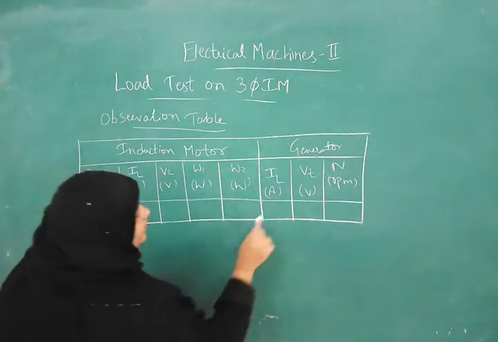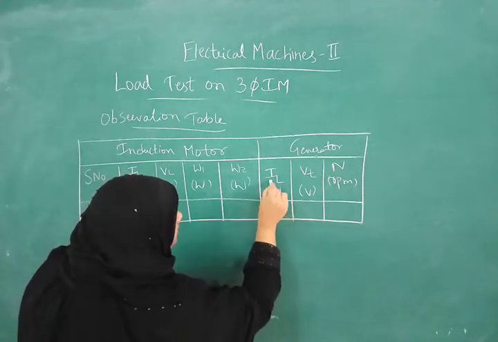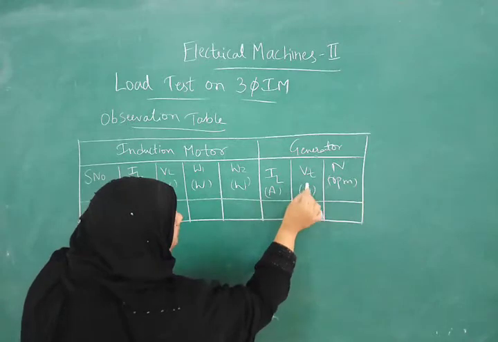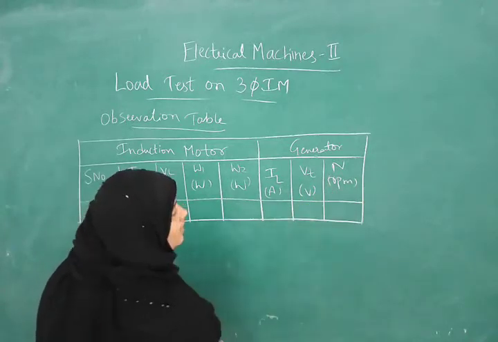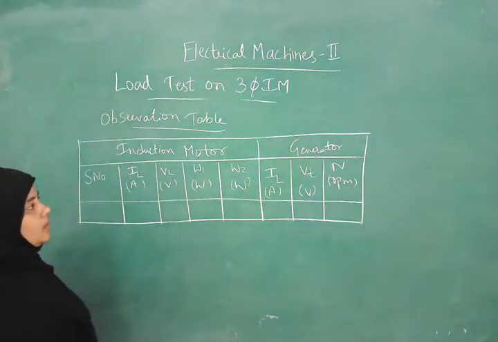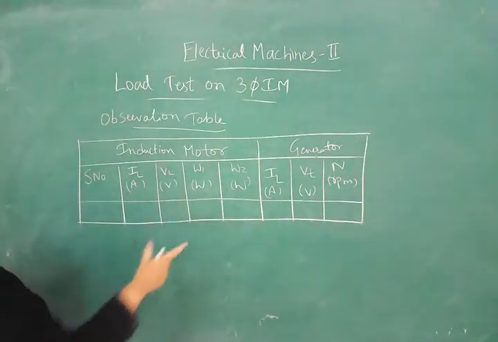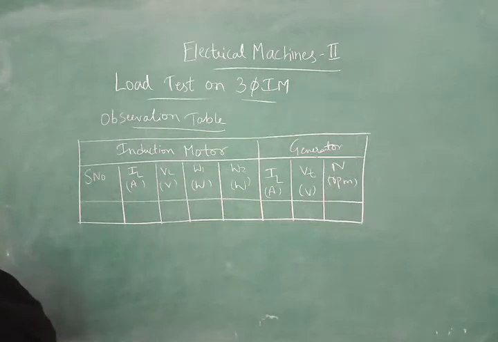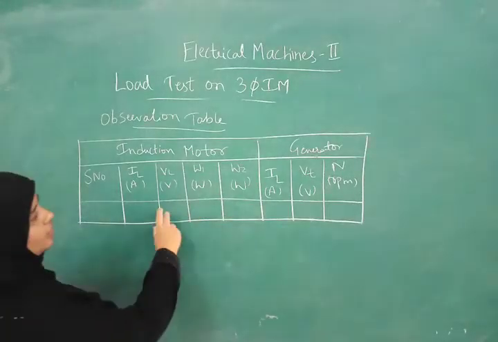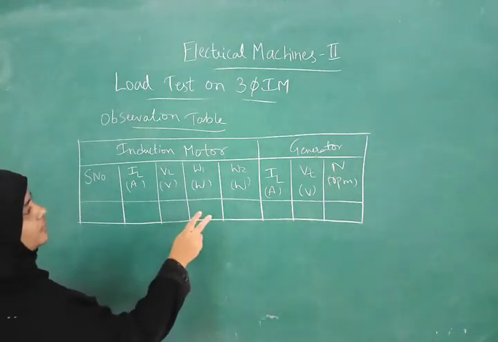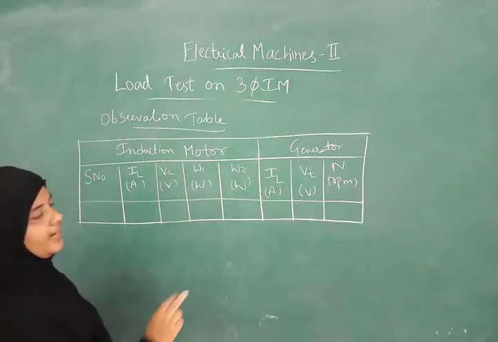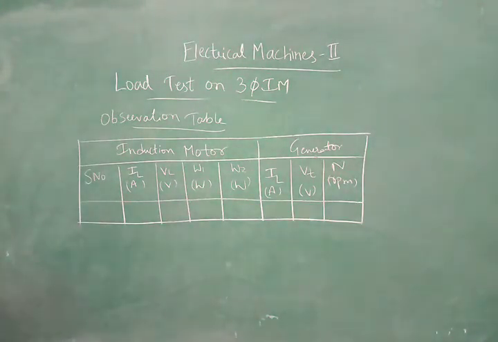Then on the generator side, this is load current in amps, terminal voltage in volts, speed in RPM. By applying different loads, we can get different values. Load is increased, and then we are finding out the values of currents, voltages, wattmeter readings, and speed for motor and generator both.